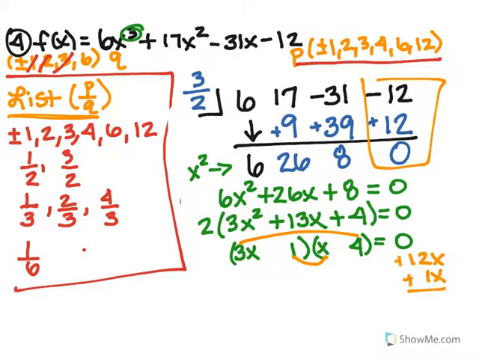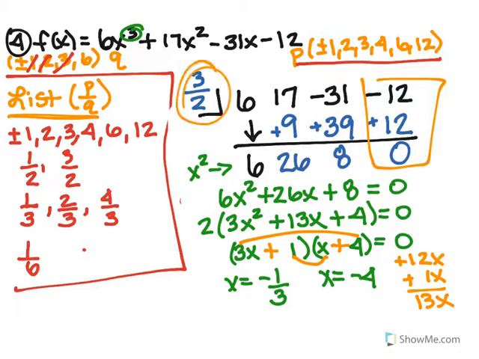Add that together, that would give me my 13. And they're both positive. So we set them to 0, and you would get that x equals negative 1/3 and x equals negative 4. So these are our three answers: 3/2, negative 1/3, and negative 4.